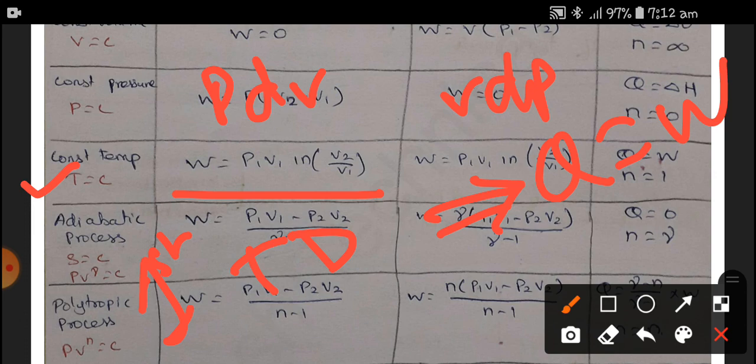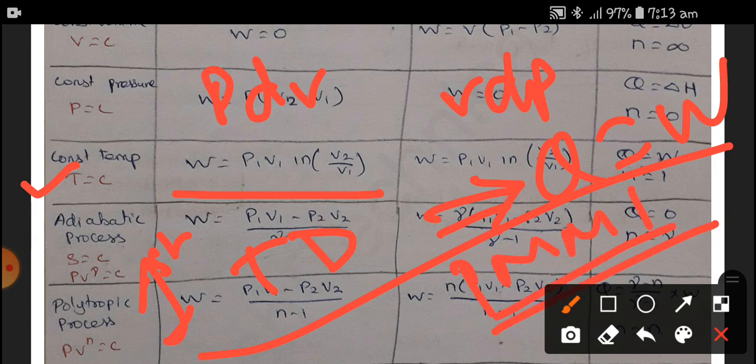The first law of thermodynamics is satisfied when, at constant temperature, the net heat input is equal to net work output. So this is what perpetual motion machine 1 says.